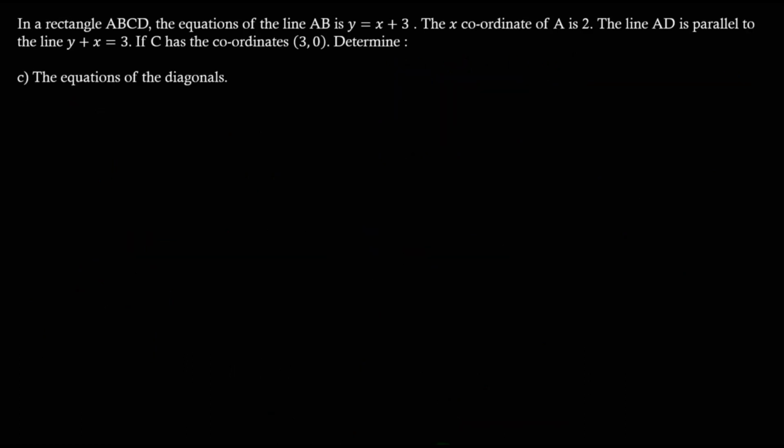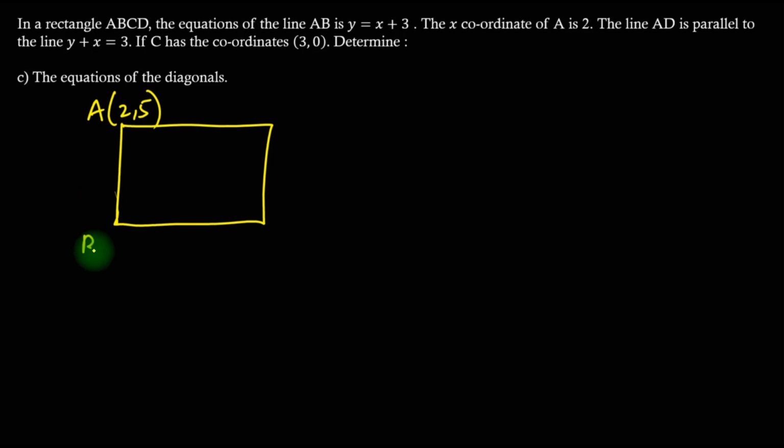So already we have the rectangle, and allow me just to draw it. So A is 2, 5. The coordinates of B is 0, 3. The coordinate of C is 3, 0.